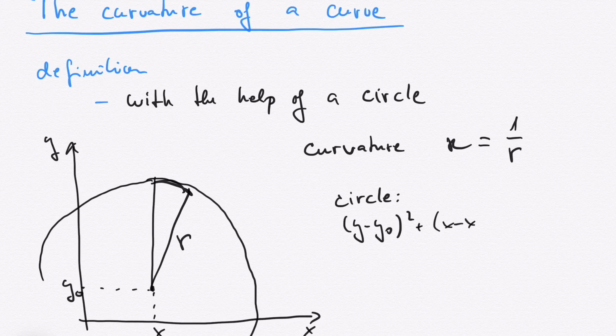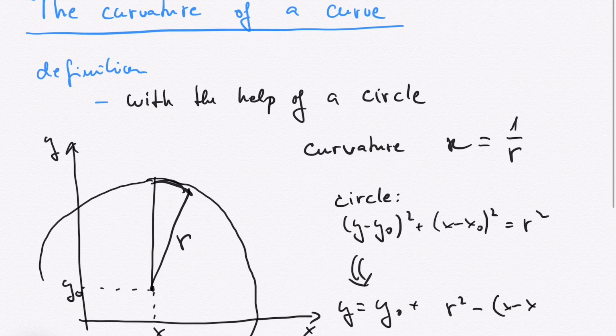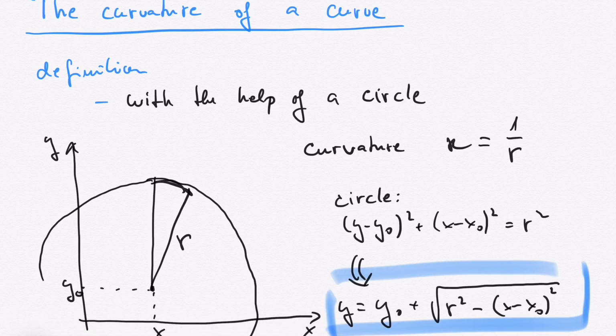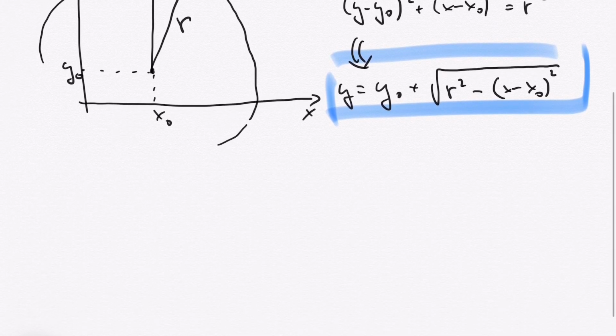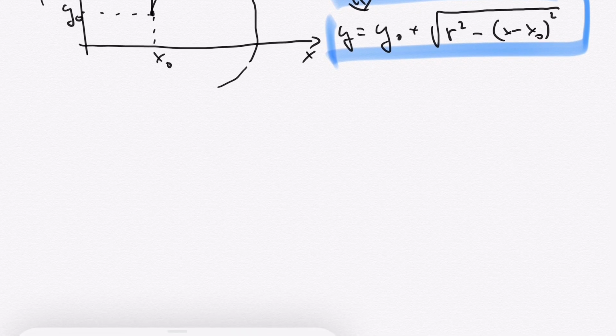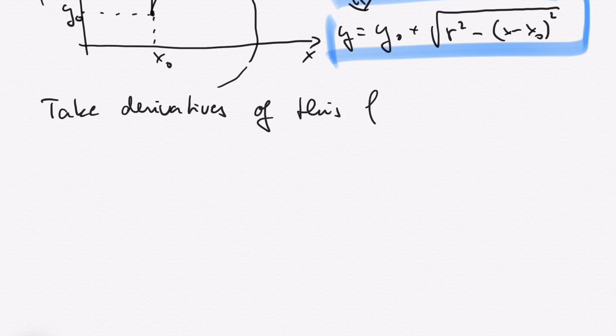Now the equation for the circle is the following: x minus x0 squared plus y minus y0 squared equals r squared. We want to get to r, but first we want an equation for y. So here's the equation for y, and now we will be using the derivatives to get to the curvature. First we take the derivatives of this curve.